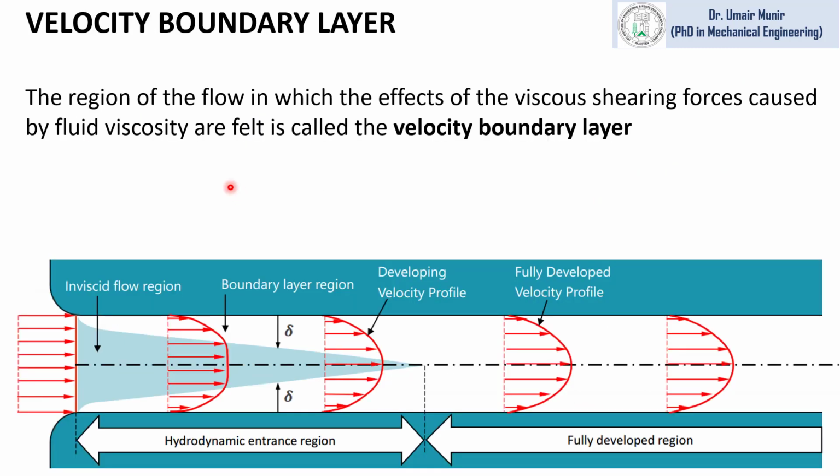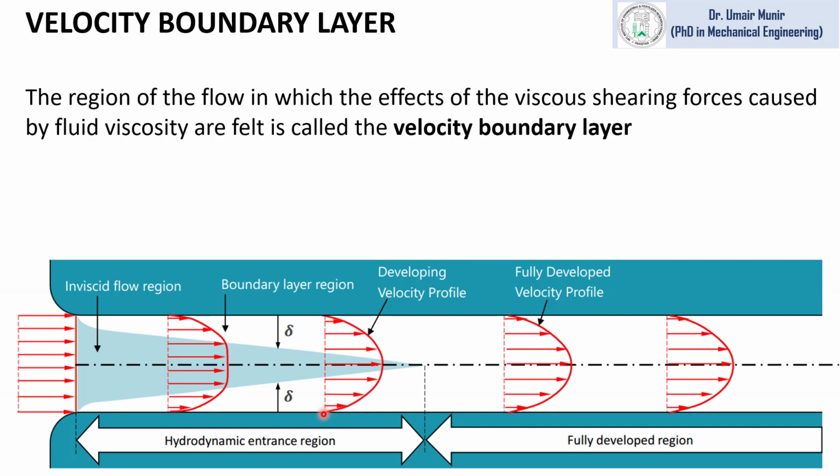Now I will explain the velocity boundary layer. As we can see in this figure, the velocity is 0 at the wall, and it increases as we move away from the wall, and it reaches a maximum value at the pipe center line.